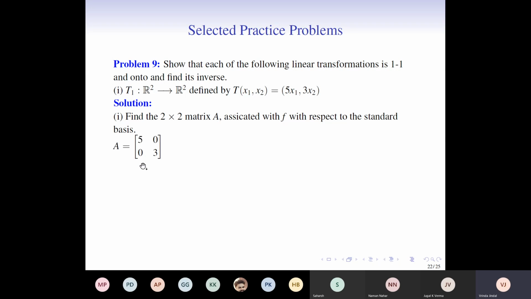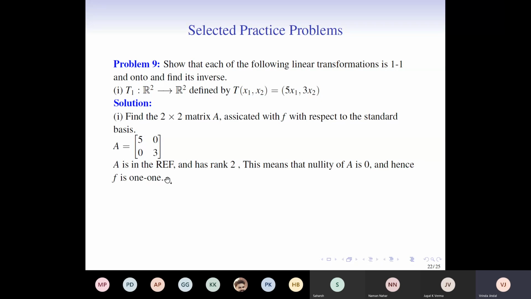So A will be this matrix, and you can verify: multiply this 5, 0, 0, 3 matrix with (x1, x2), and you'll get 5x1, 3x2. Note that A is already in row echelon form, and it has rank 2. So this means that nullity of A is 0 because rank is equal to 2, which is equal to the number of columns in A.